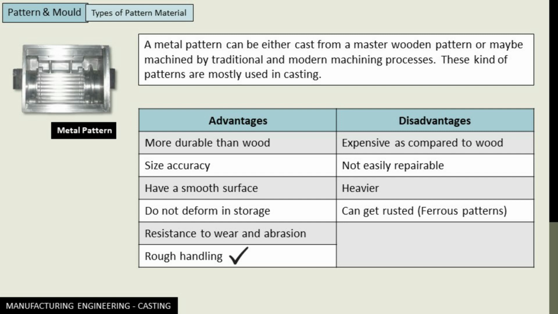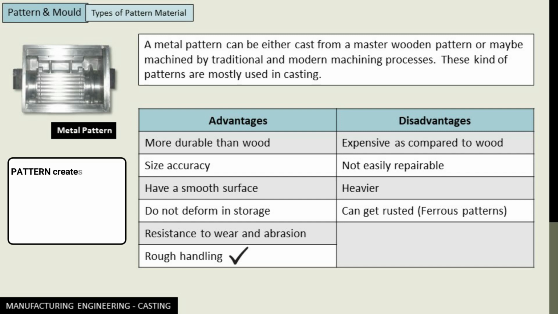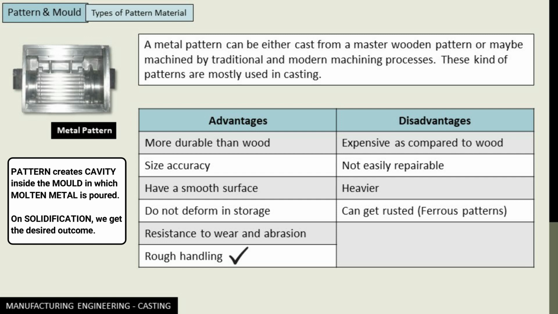And again, I am repeating, the pattern is the one that creates the cavity inside which molten metal is poured. And hence, after solidification, we get our desired cast component, that is our outcome. Every now and then, I will repeat the process so that you will burn it in your mind.